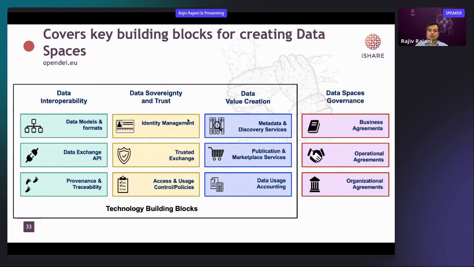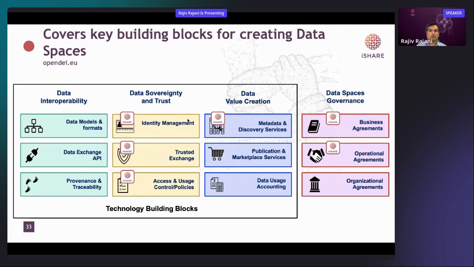So iShare basically covers some of the key building blocks for creating data spaces. As you can see on the screen, it covers data sovereignty and trust. As I explained, iShare's focus has been on the technical side: identification, authentication, and authorization. So it does cover identity management.